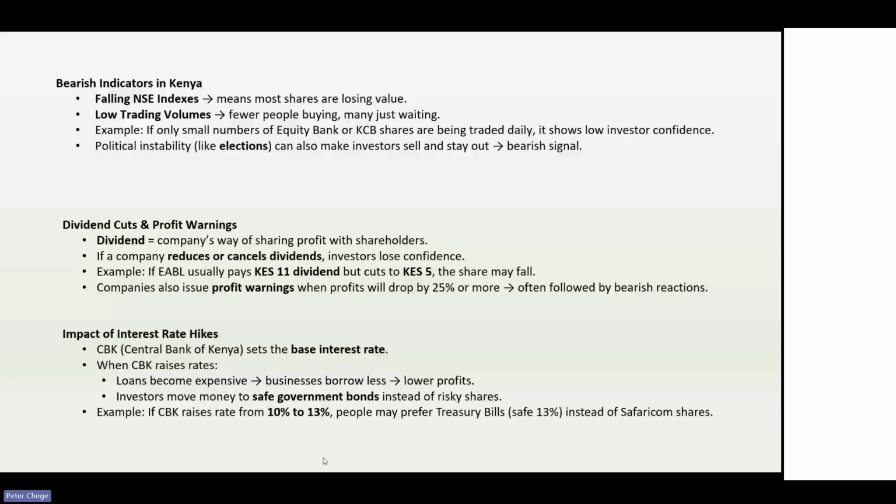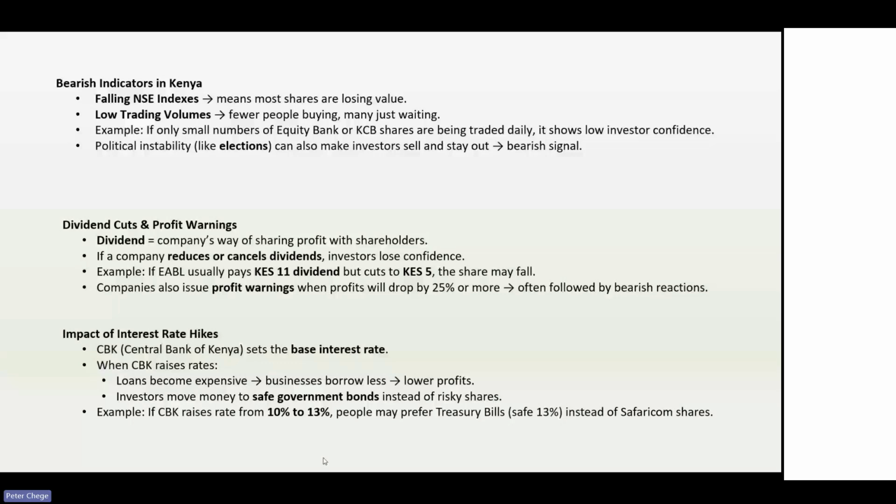So at that point, most of the investors who are in NSE, when interest rates are raised, try to move to government bonds. Remember, for government bonds, you have a fixed rate. That's why they are called fixed income. So you are assured of that income as you had agreed when you were buying that bond.